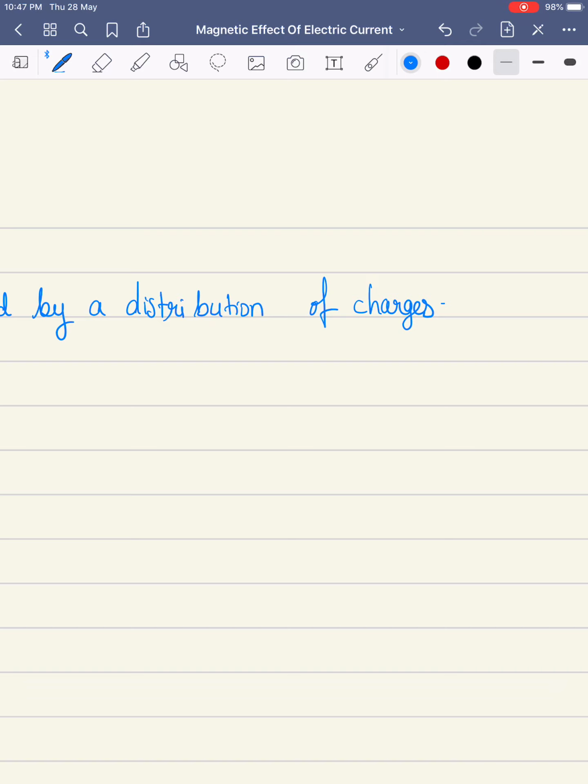Sorry, not the distribution of charges, distribution of current. Now there is a difference between current and charge. Charge basically means it is at rest. And current is a charge which is moving, and a moving charge generates a magnetic field around it whenever it is moving inside a given conductor. Ampere's law is used to find the magnetic field in a much easier way compared to what we learned in Biot and Savart's law.